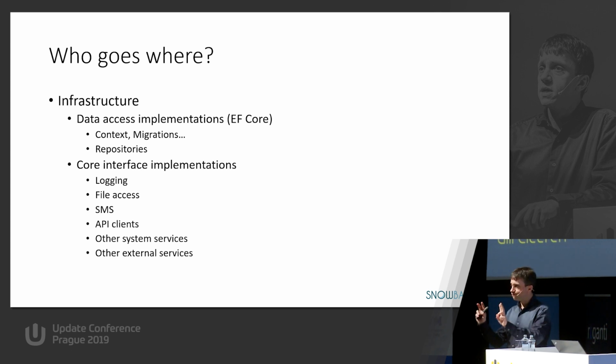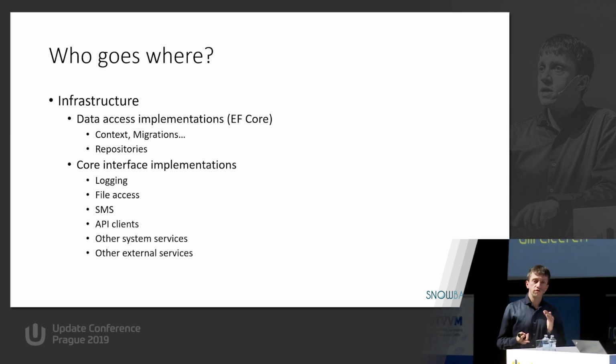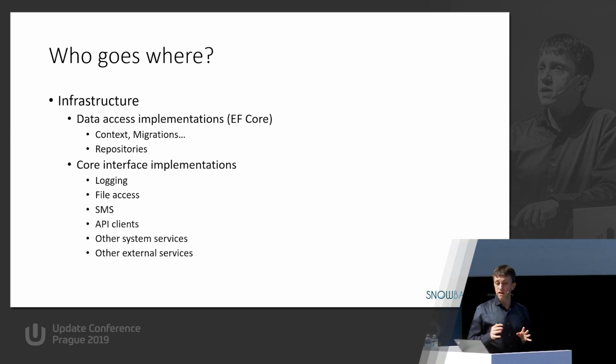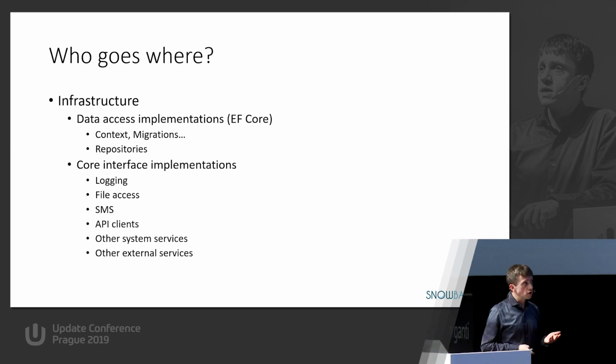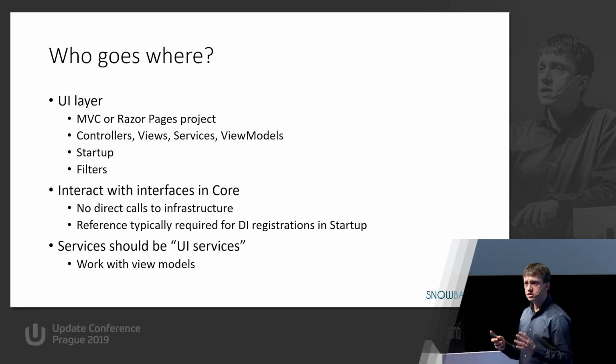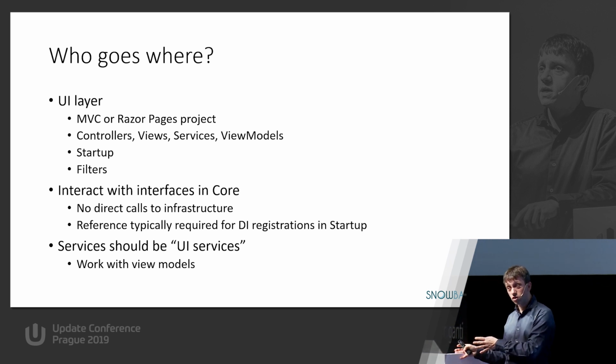The second layer, to call it a layer, is the infrastructure. That's where you put all the things that are dependent on external stuff: data access, file logging, or if you need to interact with Twilio to send SMS, whatever. All that stuff goes in that infrastructure project. And the third one is then the UI. Whatever you want to use, MVC, Razor Pages, APIs, whatever, that's your UI layer that's going to rely on the stuff that is in the application core.